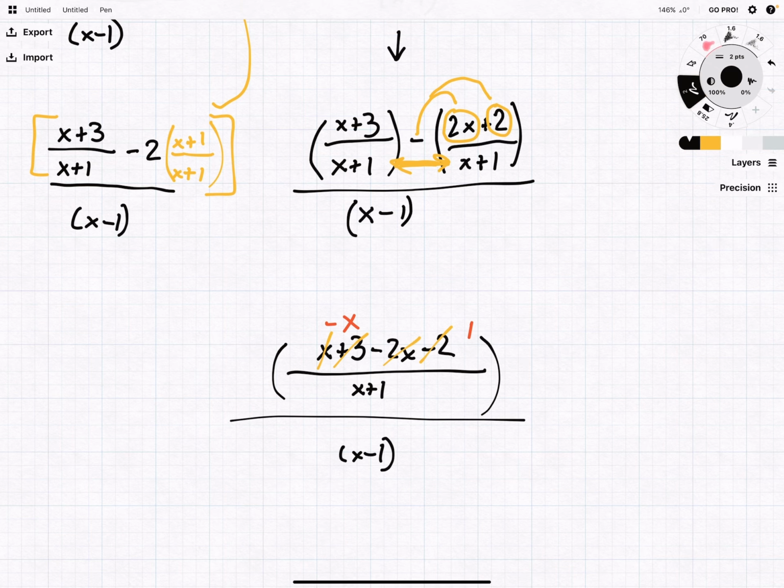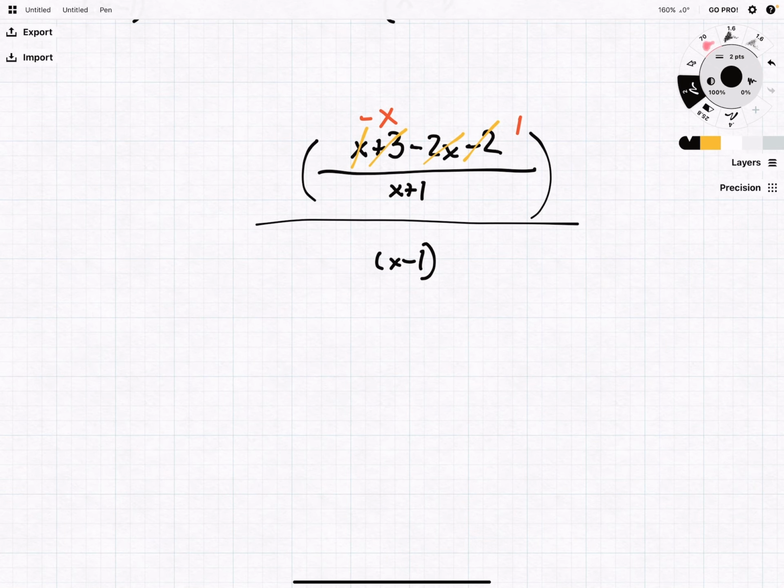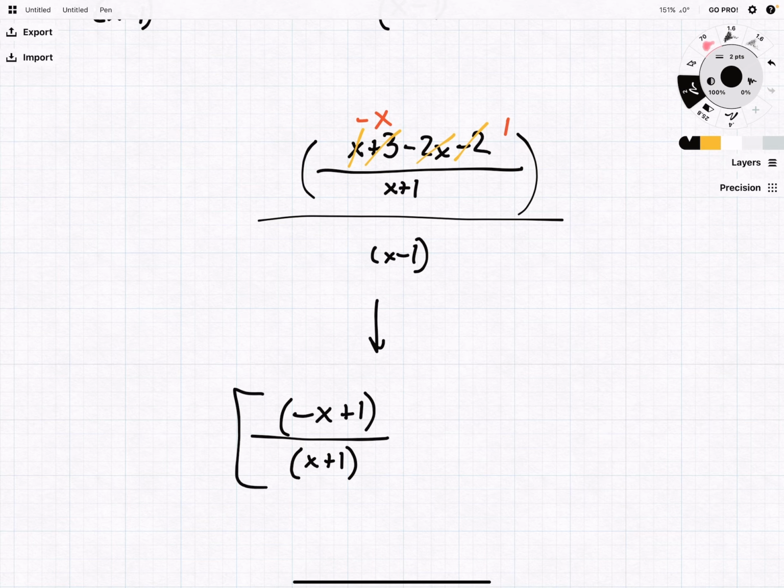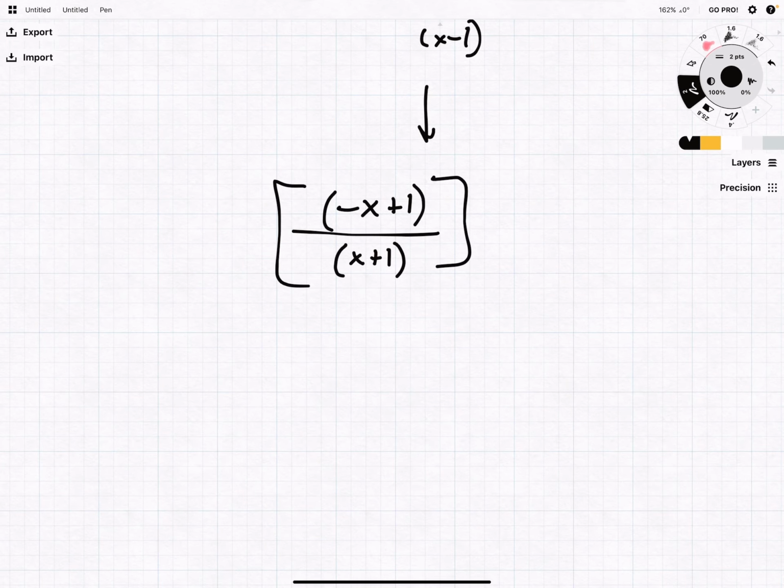Okay, so now we're finally simplifying some things. So now we have (negative x plus 1) over (x plus 1), and everything here is all over x minus 1, okay?